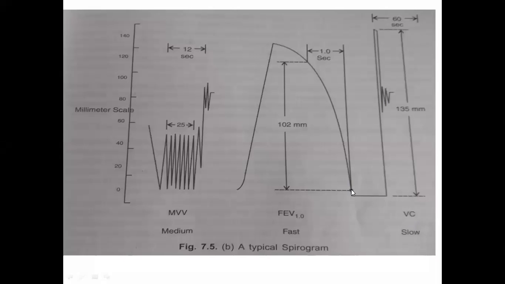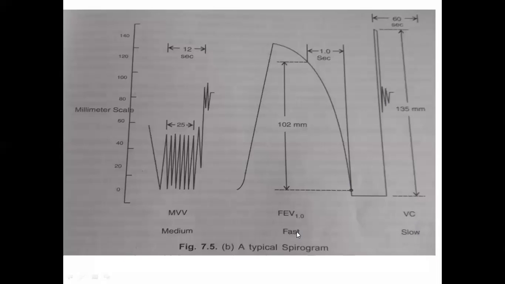Next, we will make the drum rotate very fast, at a higher speed of around 920 millimeters per minute.